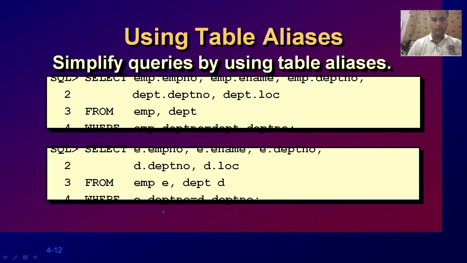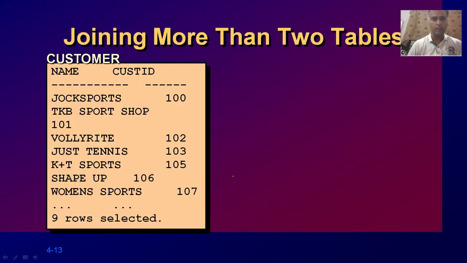Here you can see the short form we can use. If I write EMP, the short form is E, which is alias naming, and department D. This can be done through alias naming, which simplifies the queries.